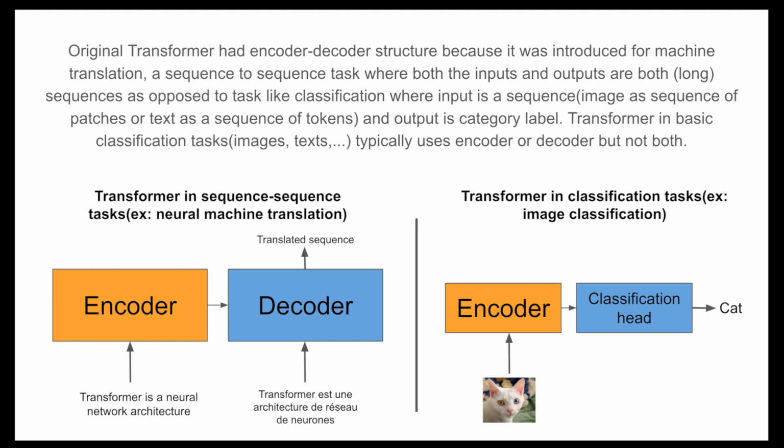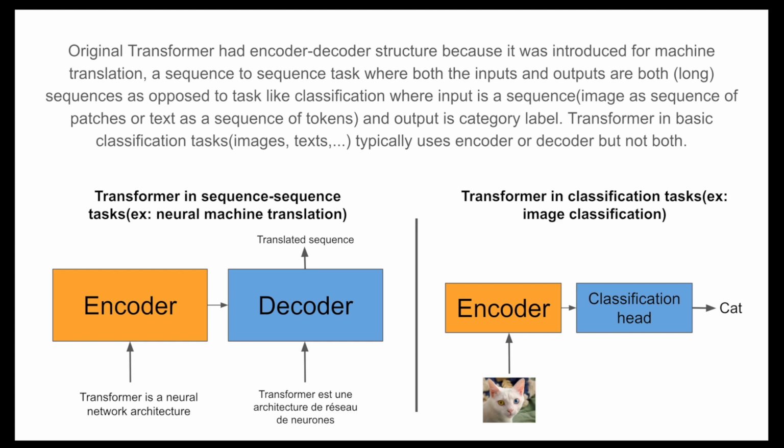So a transformer in a basic classification task typically uses the encoder or the decoder, but not both. Something to say here is that in most computer vision tasks like image classification, people normally use the encoder, while in most language tasks, people normally use the decoder.